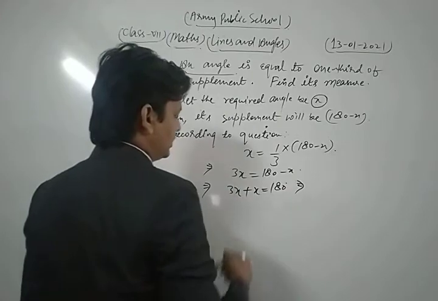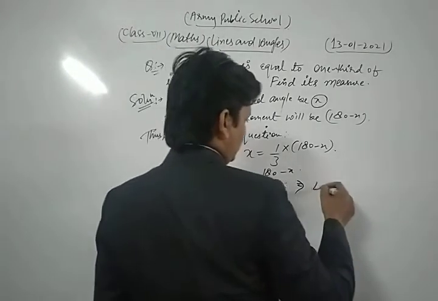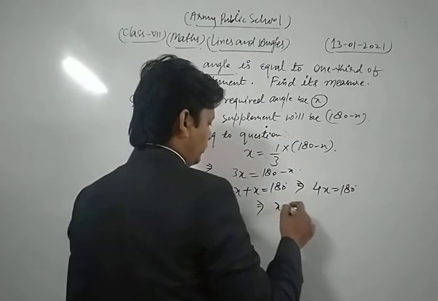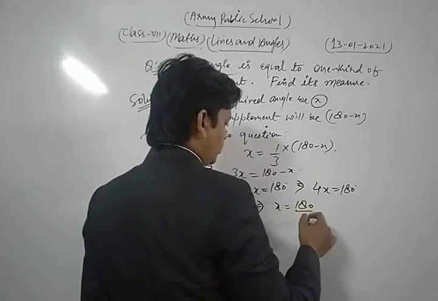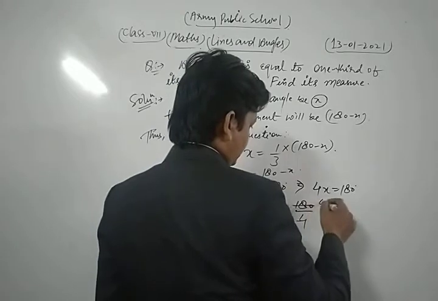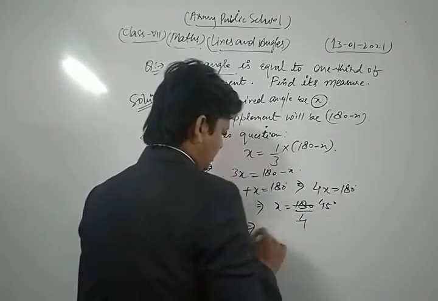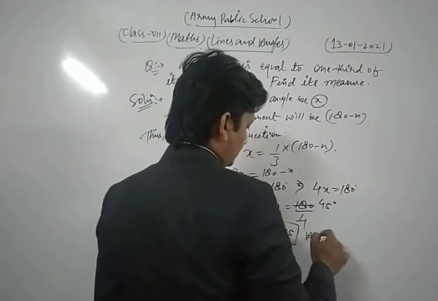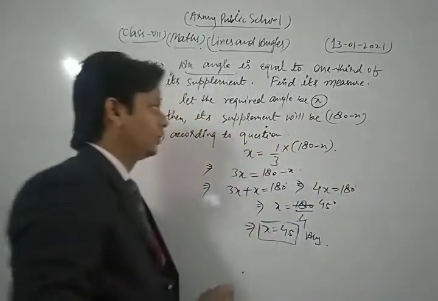So we get 4x is equal to 180. Thus the value of x is 180 upon 4, that is 45. Thus the required angle is 45 degrees.